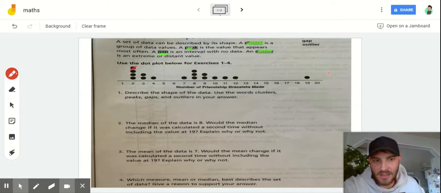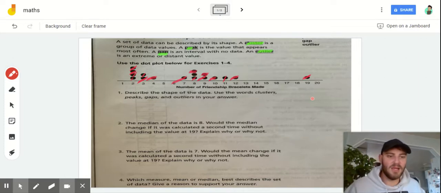Biggest, smallest, biggest, smallest, and it's right there, your median. It's at 8.